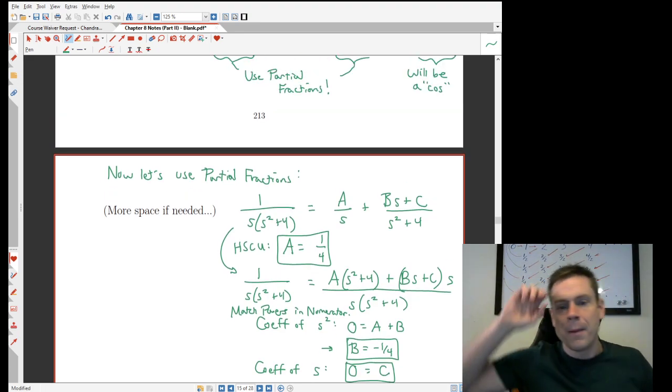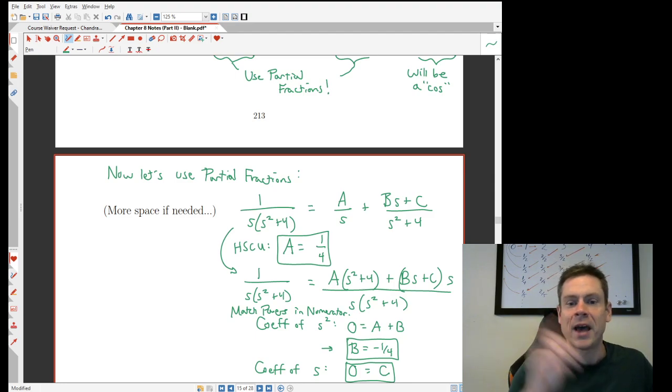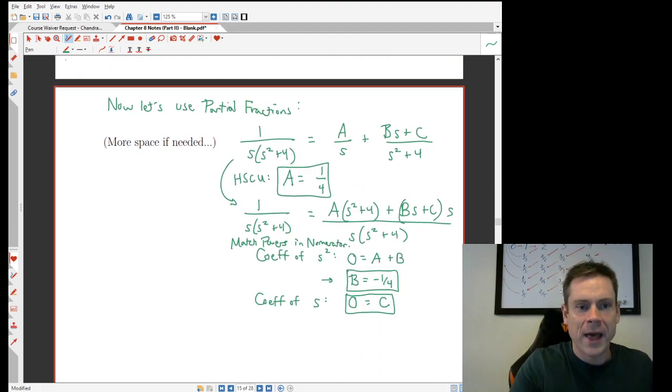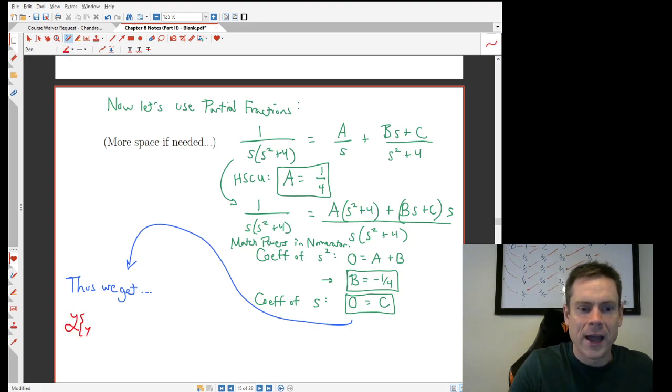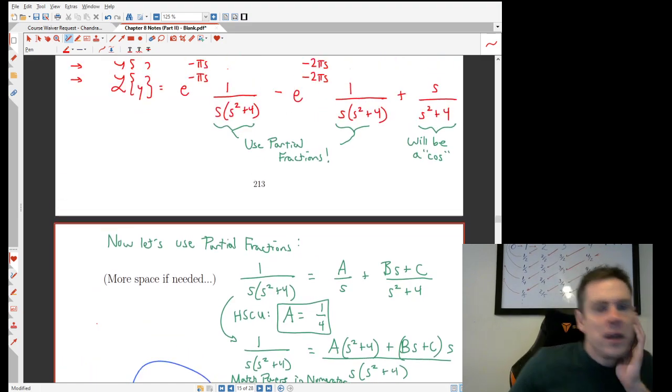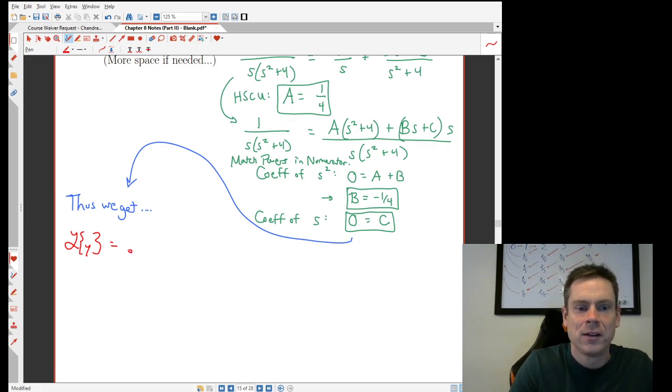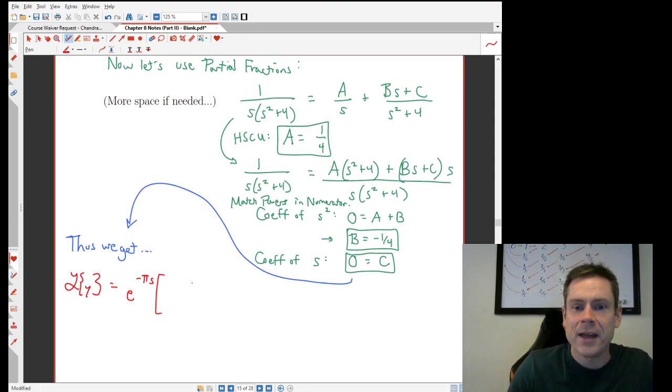A is 1/4, b is minus 1/4, and so we have to write out these fractions using this. So I'm going to take what we had before and rewrite it. Thus we get that L of y is equal to e to the minus pi s multiplied by the result of the partial fractions, what we just found.